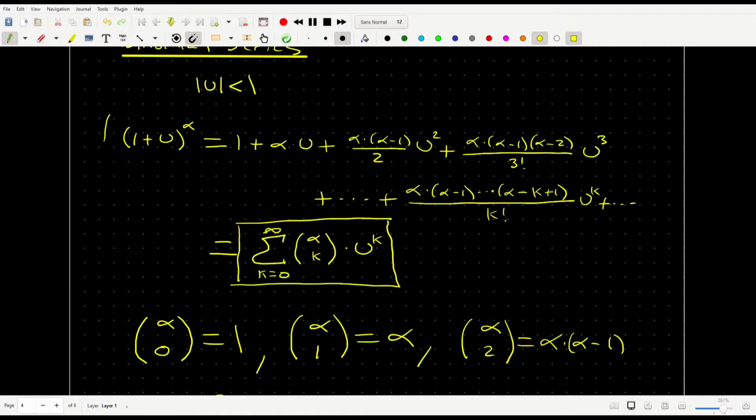And this is really just a notational trick to use this closed form expression, and it is very, very helpful and something that you commonly see when you see binomial series done out in applications.